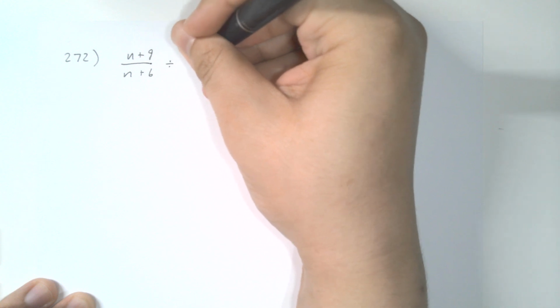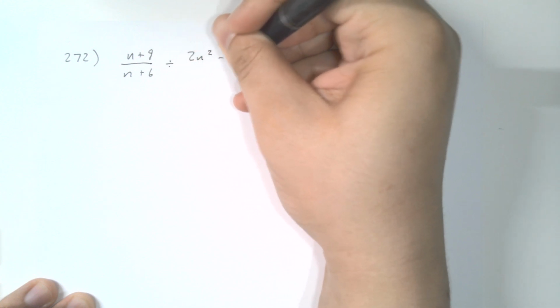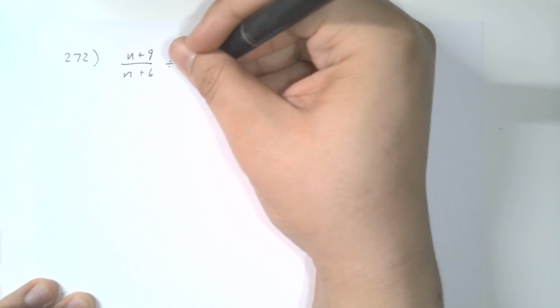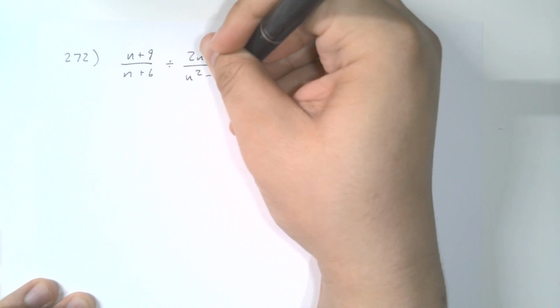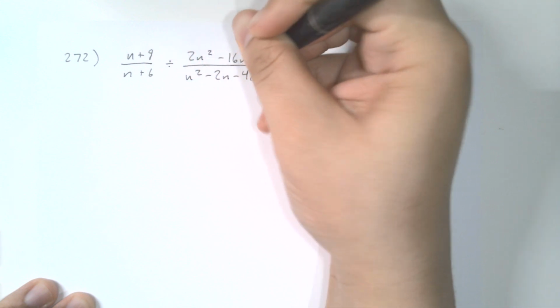All right, let's look at number 272. We have n plus 9 divided by n plus 6, divided by 2n squared minus 16n divided by n squared minus 2n minus 48.